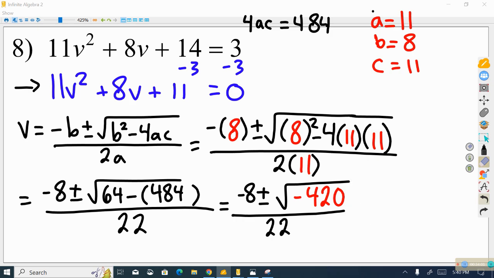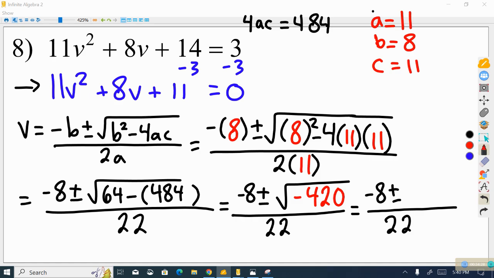So in this case, what we have to do now is try to break down that square root. But we also have to be aware that because that is a negative square root, we're going to have to factor out the imaginary number I from it. Okay? So we have to go break down 420. And after we do that, we'll keep in mind that we have the imaginary number I. We could do that in this step too.